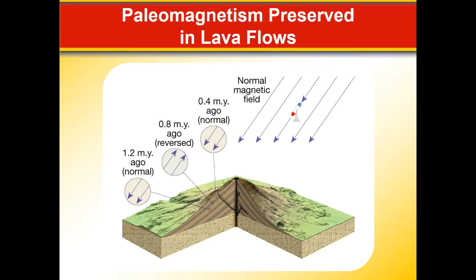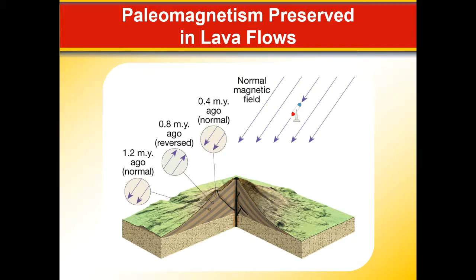So, for example, recent eruptions had normal polarity, and it is still normal until 0.4 million years ago, and eventually at 0.8 million years ago, there was a reversal of the polarity, and then again back to normal polarity 1.2 million years ago. So there are cases where the polarities suddenly change.